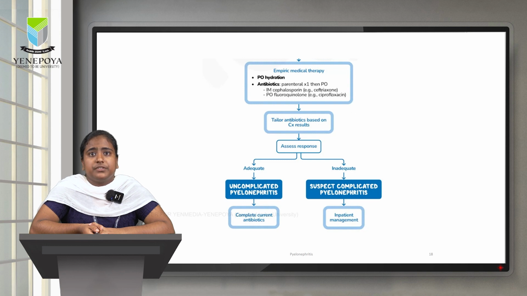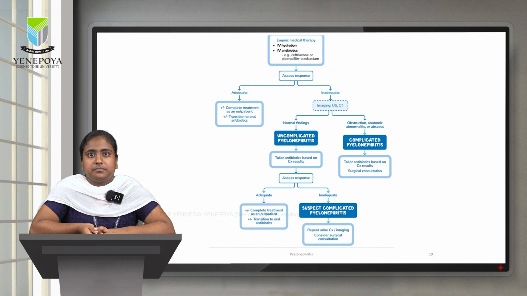Then tailor antibiotics based on culture results, and assess their response. If the response is adequate, that is uncomplicated pyelonephritis, the patient will recover and complete the course of antibiotics. If it is inadequate, suspect complicated pyelonephritis, so they will need inpatient management.